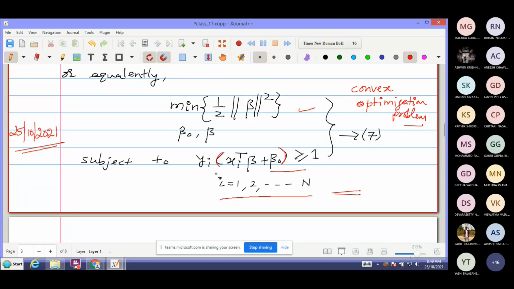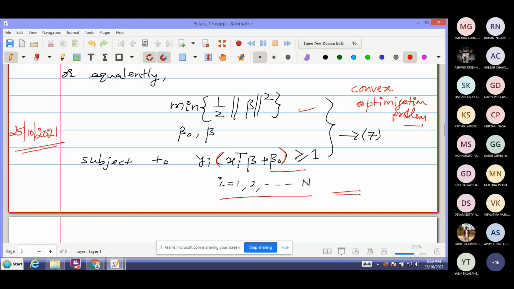And when this is greater than or equal to 0, this ensures that the data point xi is in the correct class. So finding the minimum norm solution is such that all the data points are correctly classified. That's another way of looking at it.